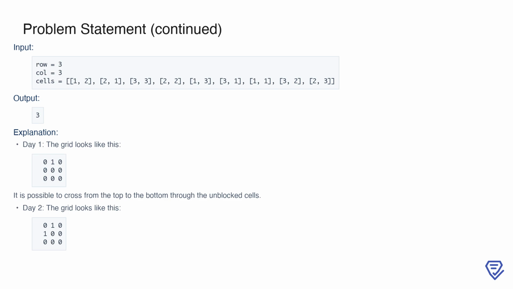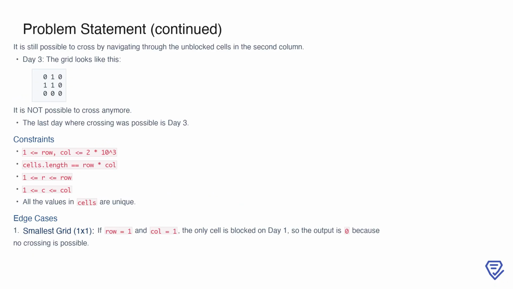On day 2, additional cells are blocked, but there is still a path through the grid if you navigate carefully. This demonstrates that even as cells are progressively blocked, crossing may still be possible depending on the arrangement of unblocked cells. By day 3, the grid has several blocked cells, but there remains a viable path through the second column.